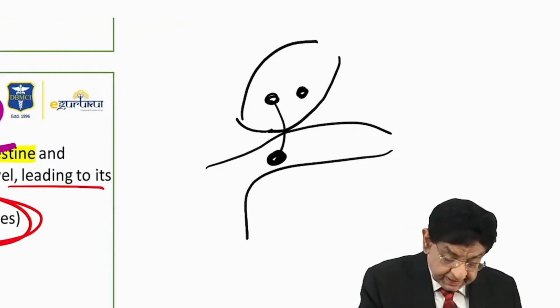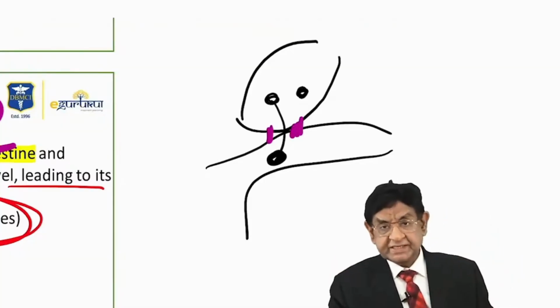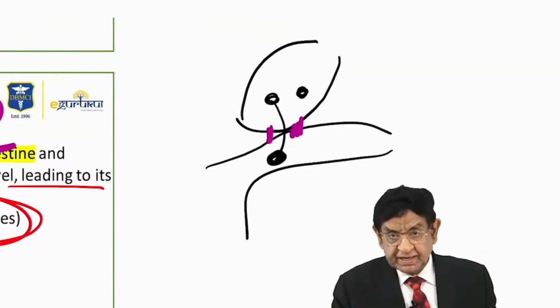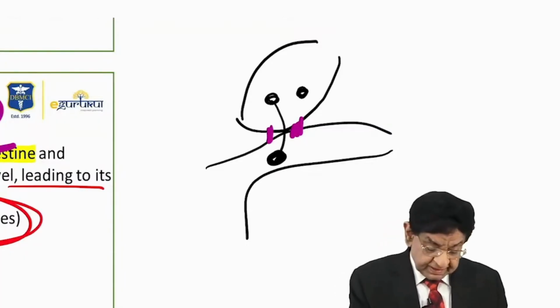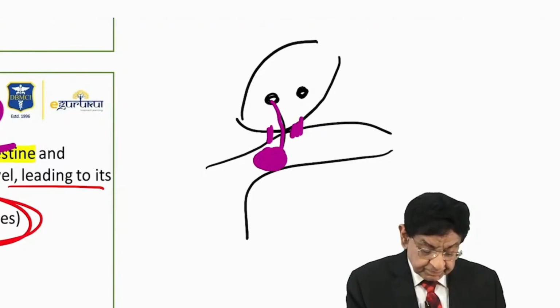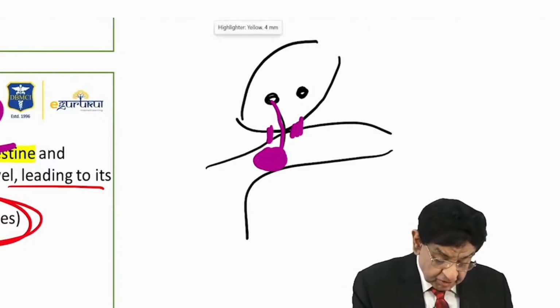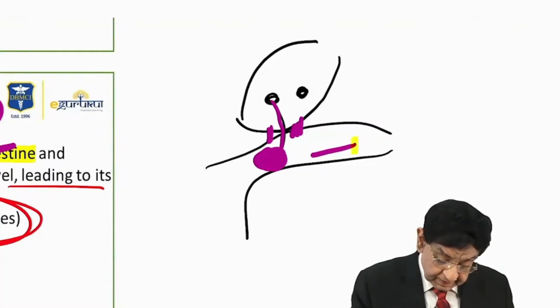Let us say if the fistula is made like this, fistula is a connection between the two, gallbladder and the intestine. It has come here and that leads to obstruction. But air has gone like this. So we are getting air.